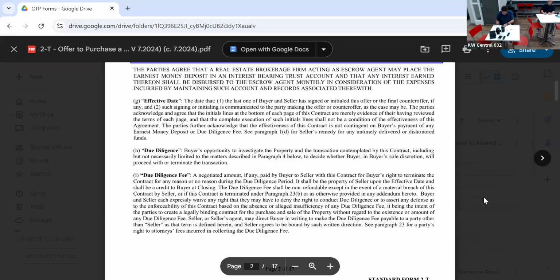So in other words, if they want Ashley Carter to do their closing, Ashley Carter would be the escrow holder. If they want Pittman Steel to do the closing, Pittman Steel would hold it. Taylor Law would hold it.